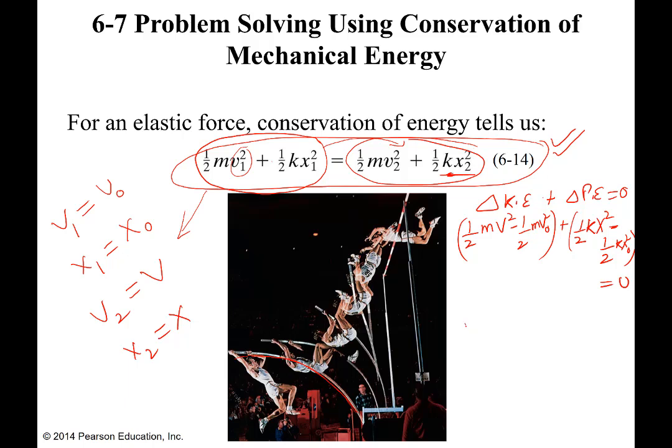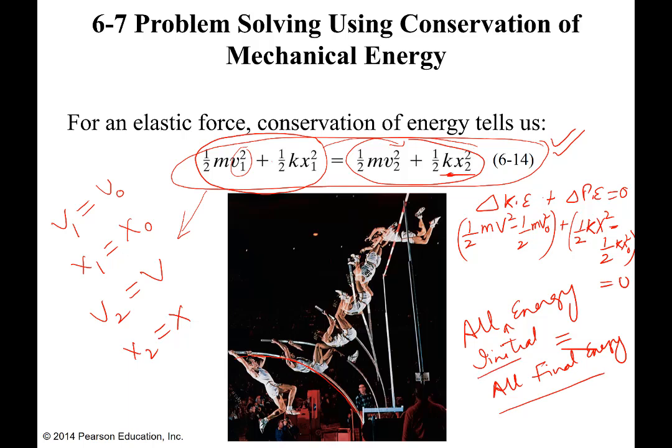Basically, that's what it means: all initial energy must be equal to all final energy. You can write it that way also, but I prefer writing the equation like this. When you write it in the form of change, then you can cancel whichever is 0. You will be left with 2 or 3 terms.